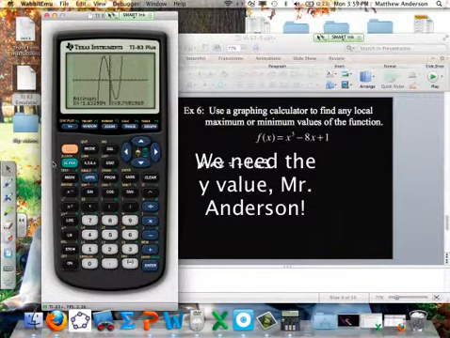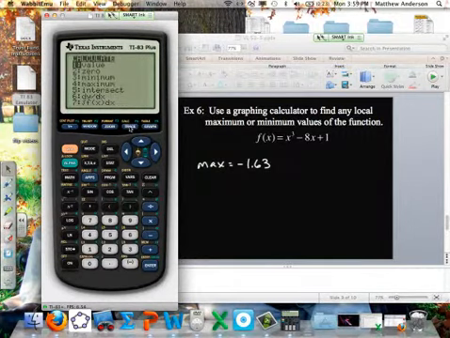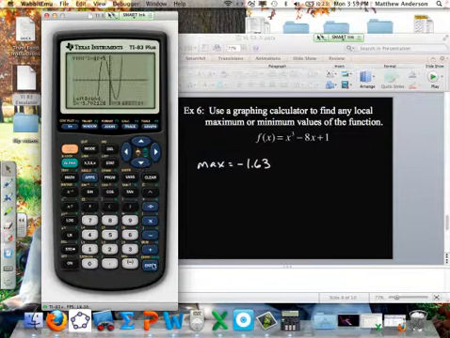Then we want to find the minimum. So we go again, second, trace. And we're going to go down to number 3 for the minimum. And again, it asks for a left boundary, so this time I'm going to go with 0.